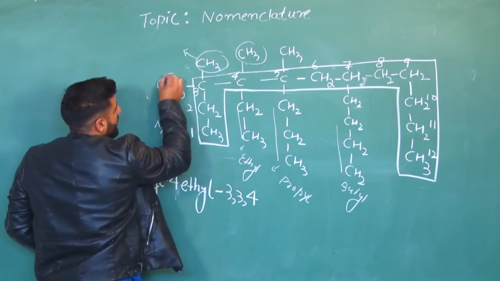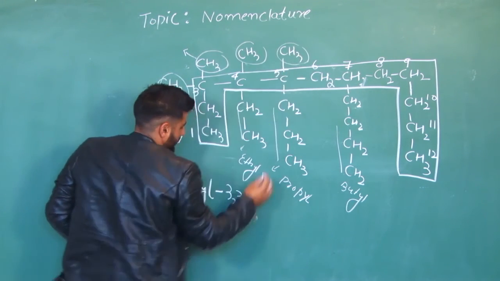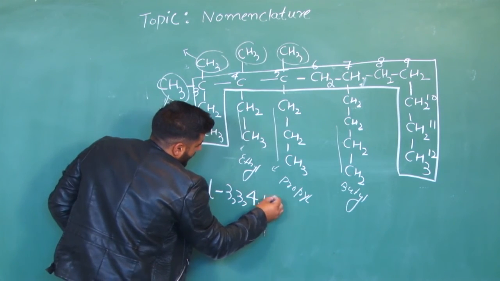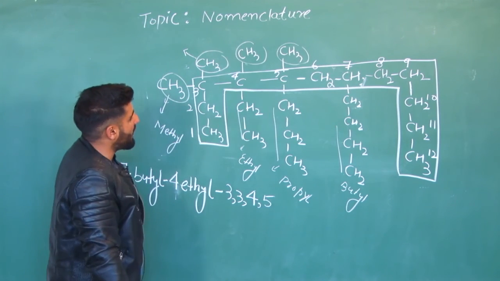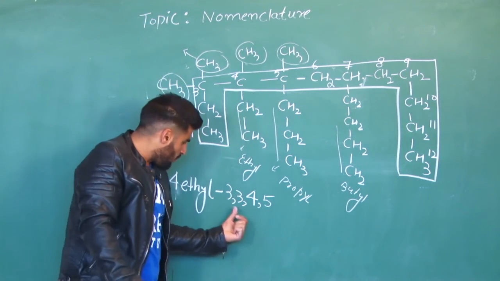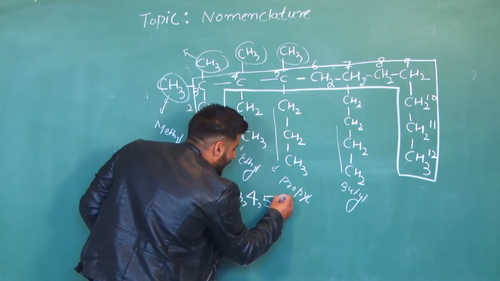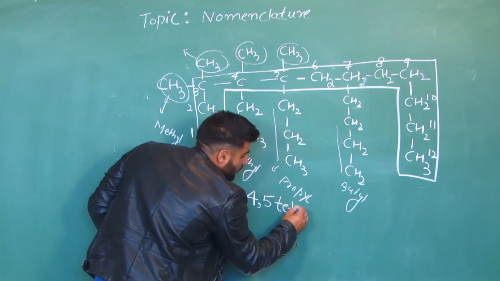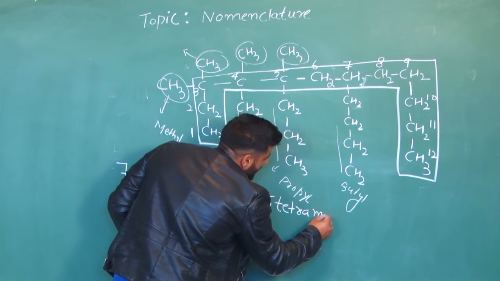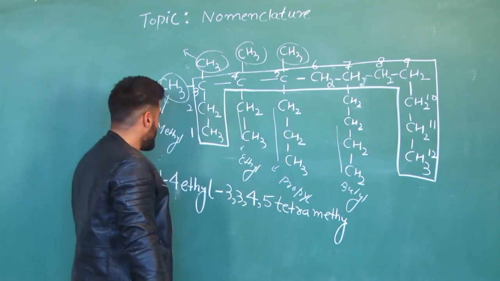This is also methyl, and I have this one also on 5. So 3, 3, 4, 5. These are methyl groups. But how many are they? 1, 2, 3, 4. That's why I will write tetra: tetramethyl, 4 methyls.